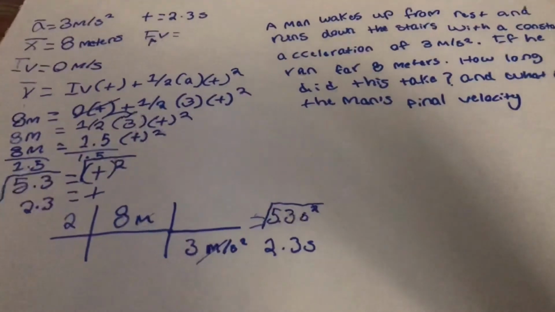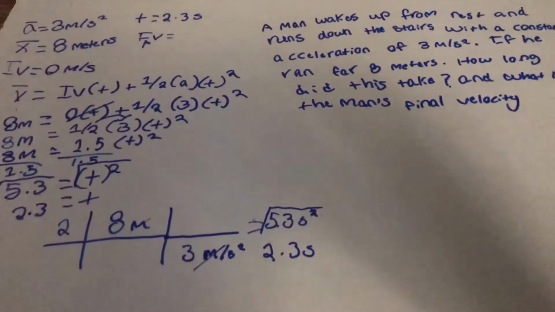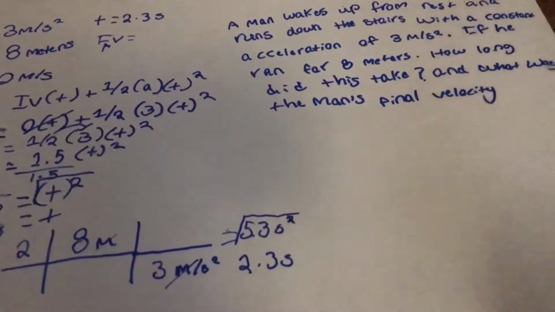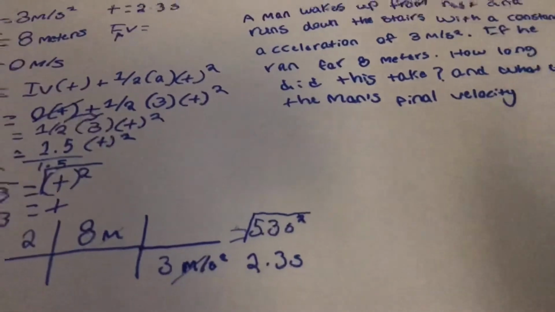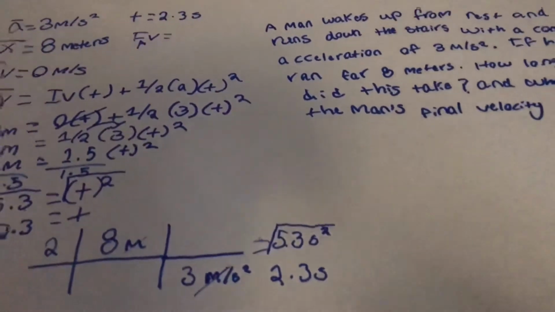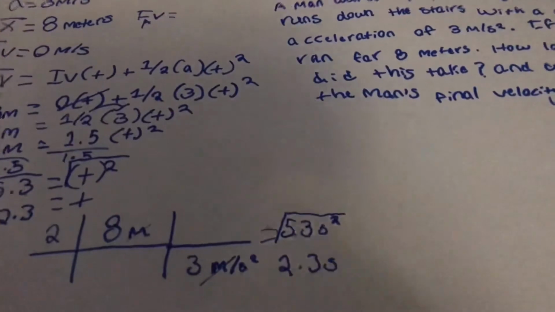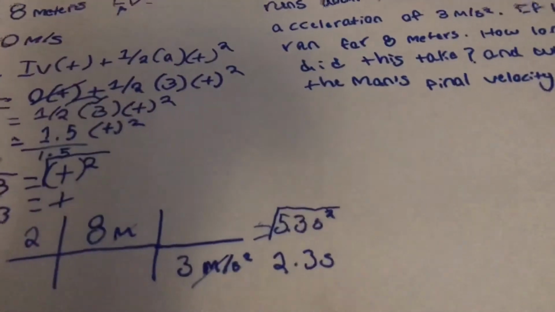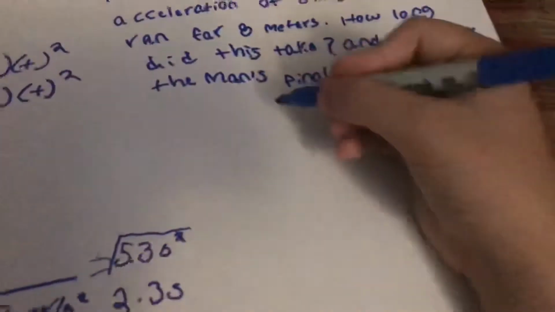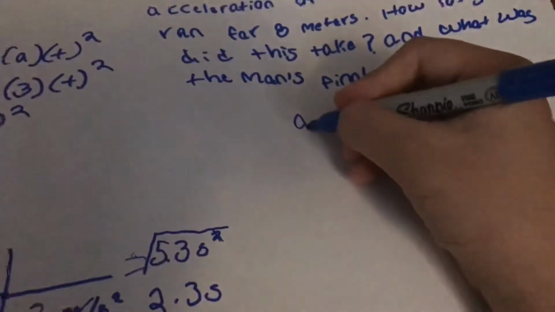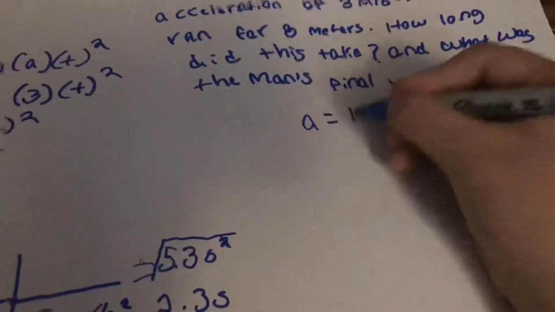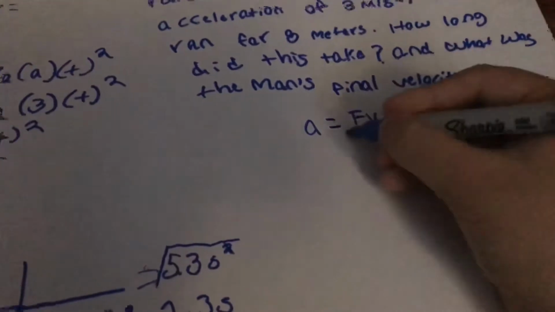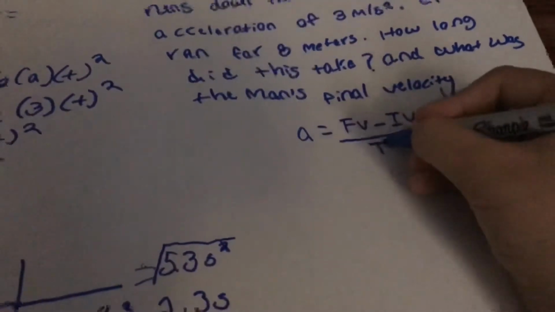So, since we were able to figure out the time, now we are able to figure out the second part of what the problem is asking. That is, what was the man's final velocity? So, we can figure out the final velocity by using the acceleration formula. Now, the acceleration formula is acceleration equals final velocity minus initial velocity over time.